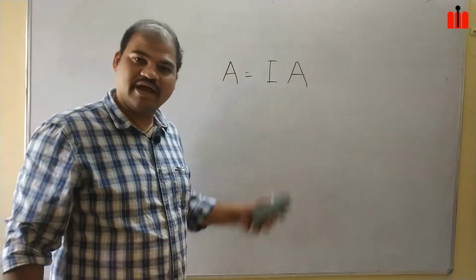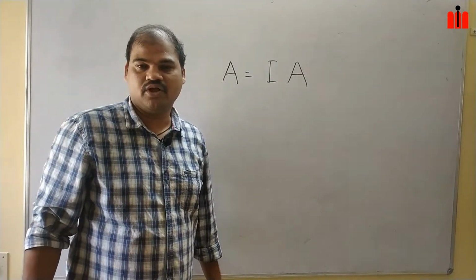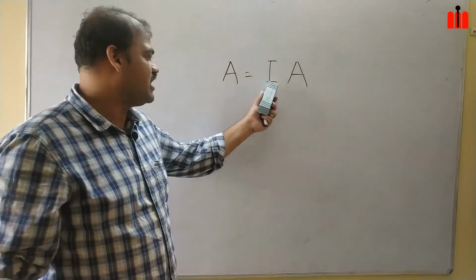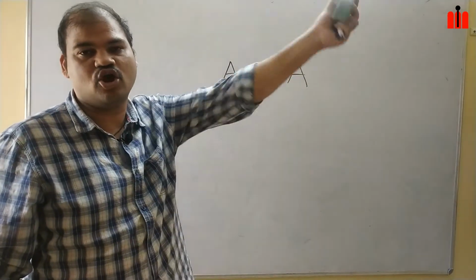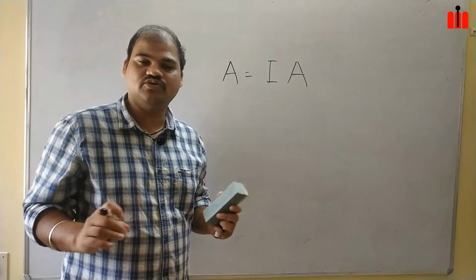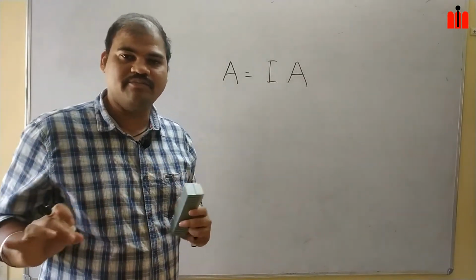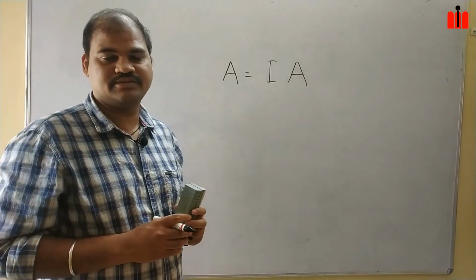I is nothing but the identity matrix of the same order which A has. I is the identity matrix, which is equivalent to 1 in our normal numerical operations. So what is this identity matrix? 1 0 0, 0 1 0, and the diagonal elements will be 1. It depends on the order of the matrix.